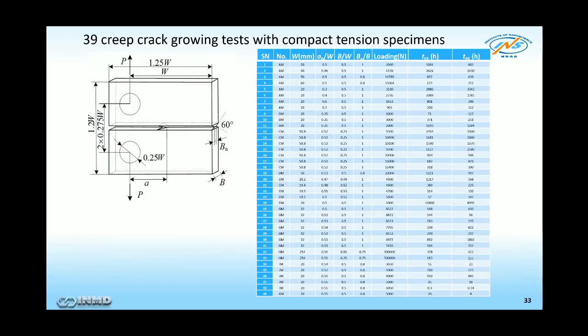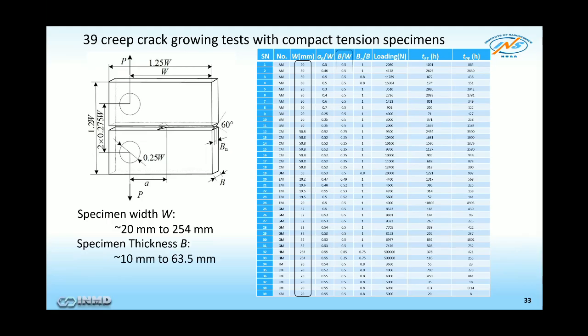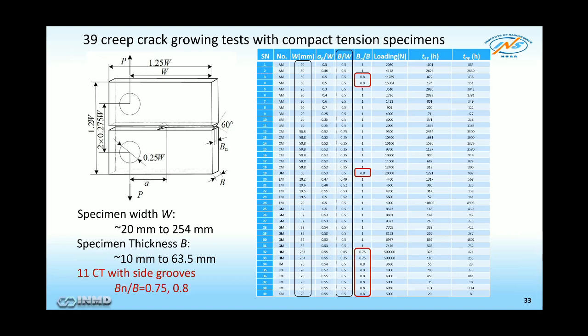And this is an example we show. For example, this is the thickness without and with a groove. And we show this specimen, the change in geometry and in thickness. And this is our experiment.